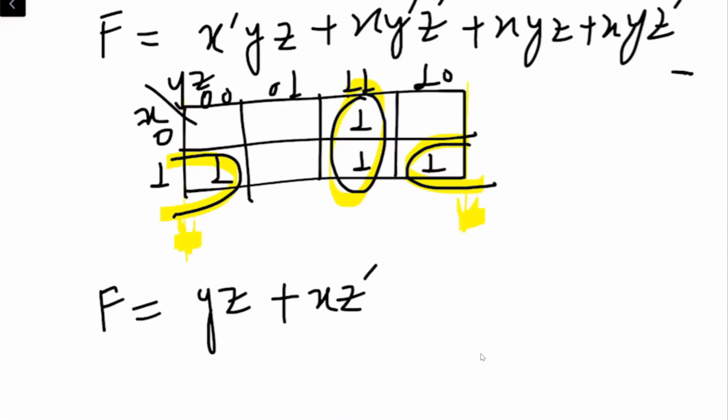So from this, what we can deduce is that there are adjacent boxes in which something is not changing, right? If you see in these two boxes, y complement is not changing, right? Again, in these two boxes, y is not changing, right?